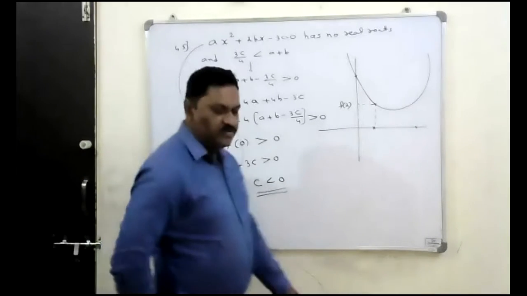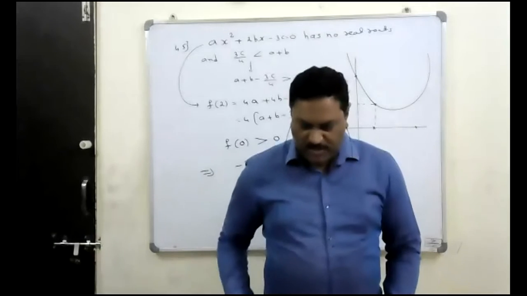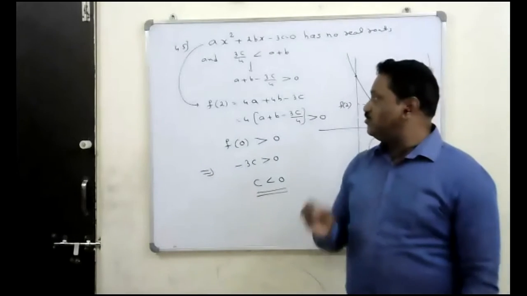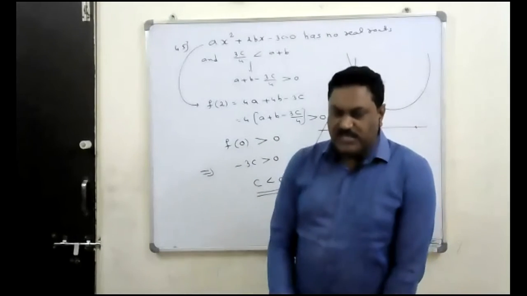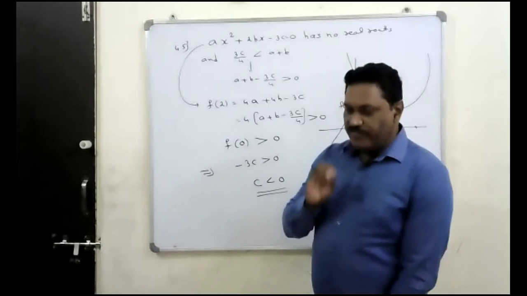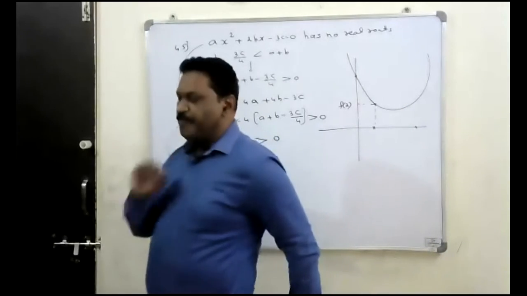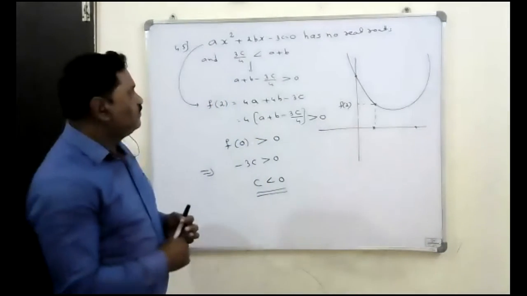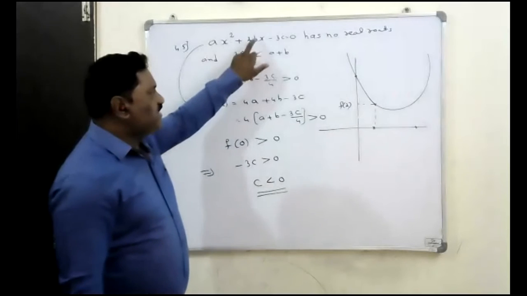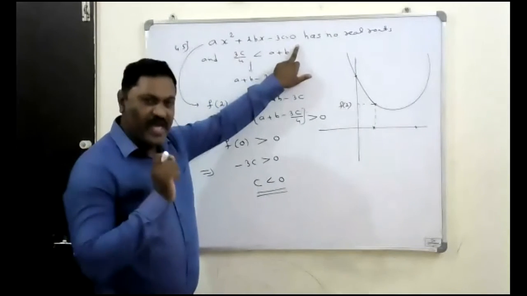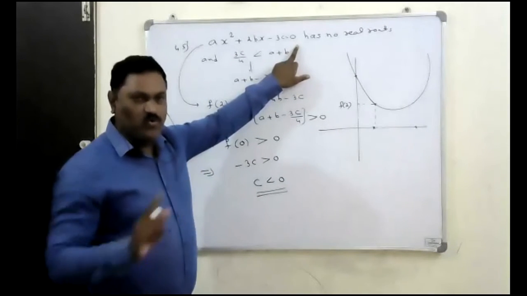Once again, listen there, because the concept here is very simple, but we should understand what condition was given and how to bring that condition from the equation. The first point is that ax square plus 2bx minus 3 is equal to 0 has no real root.